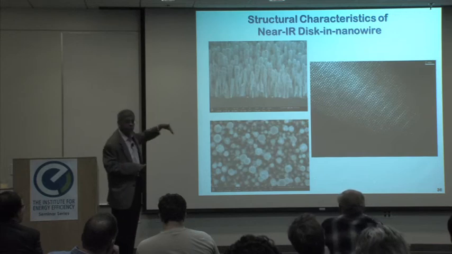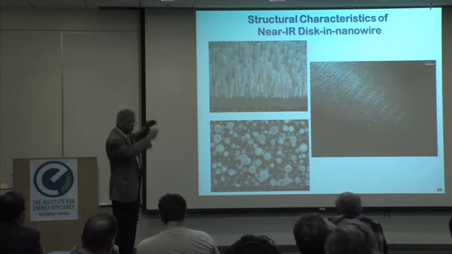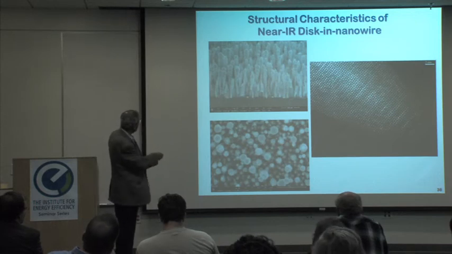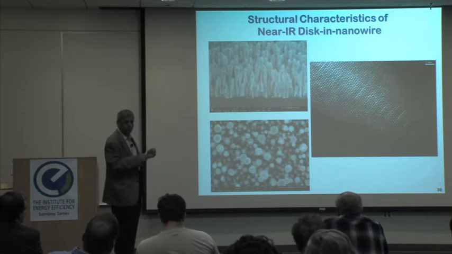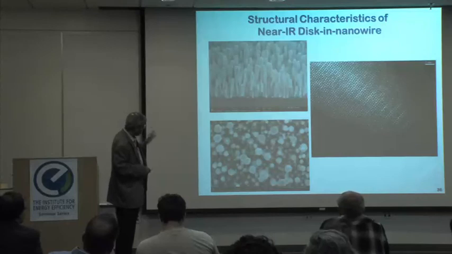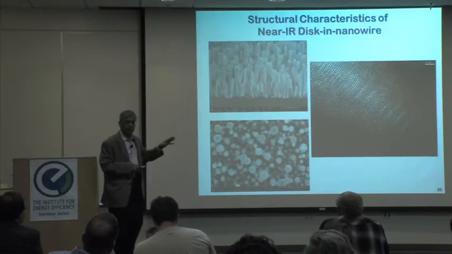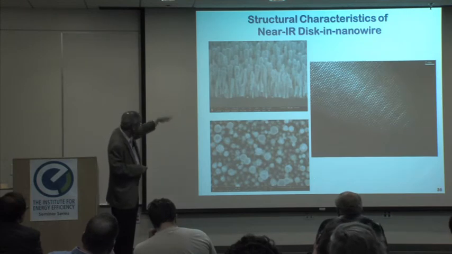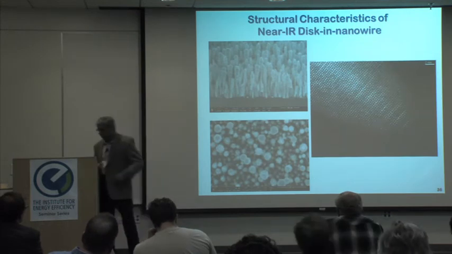And then in fact we have even seen a shell form. When we grow further on those short ones, there is a core shell automatically forming. For our purpose, they are useless because we are forming the diodes with the full structures.